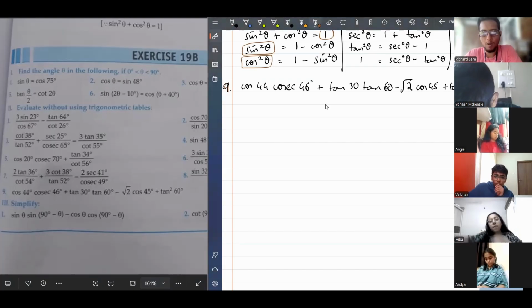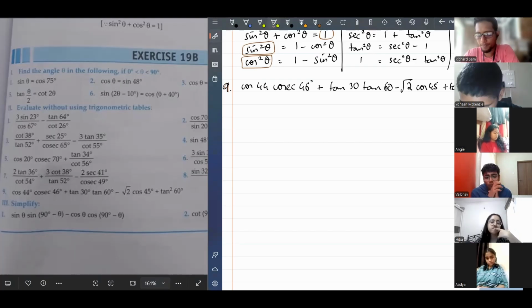Which angles are complementary? Tell me. From all these numbers that are here, which angles are complementary, which you can make the same? Here, 44 and 46, right? They add up to 90. Okay, so we can make them the same.